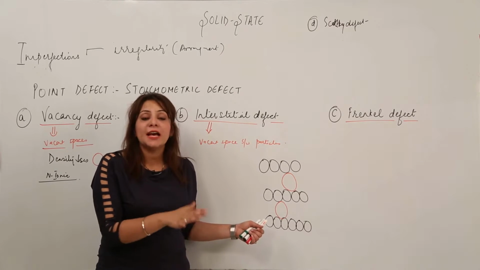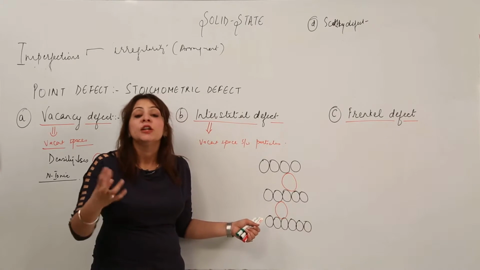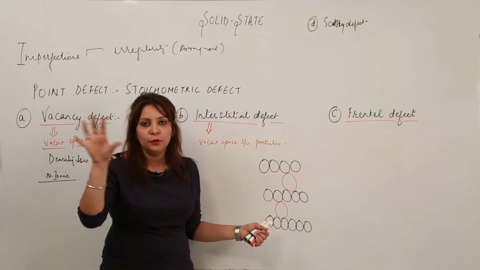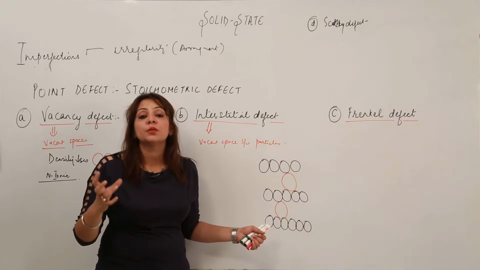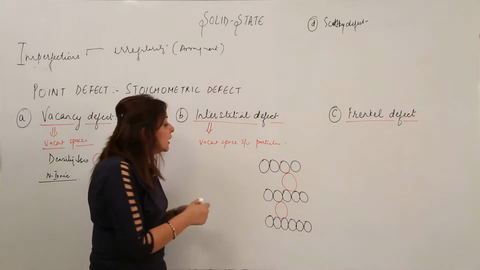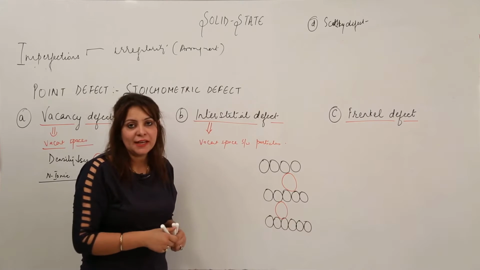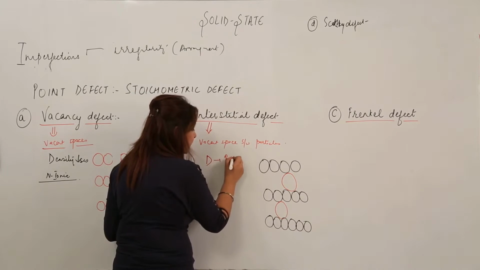Suppose it has to be 10, but unfortunately they are 13 or 14. Those extra particles are not disturbing the lattice structure, but they are occupying the interstitial space. So the mass per unit volume increases as the number of particles increases. So obviously density gets increased.